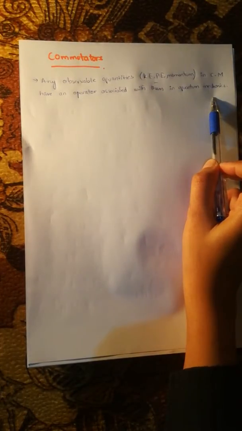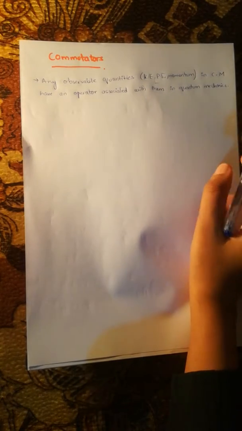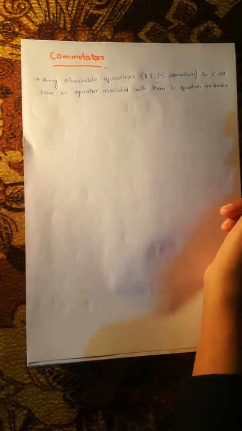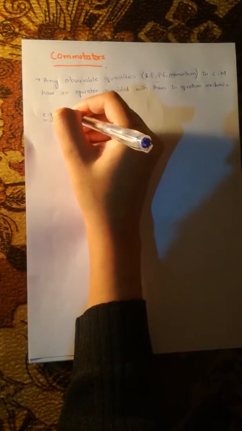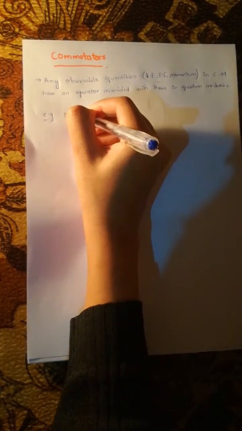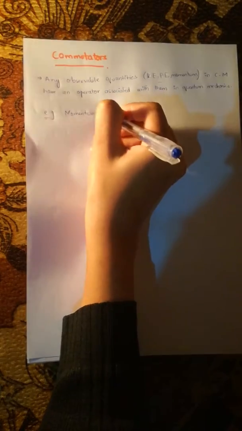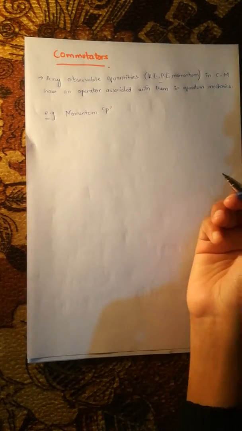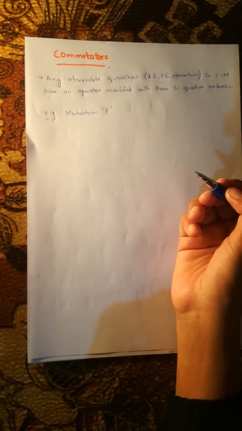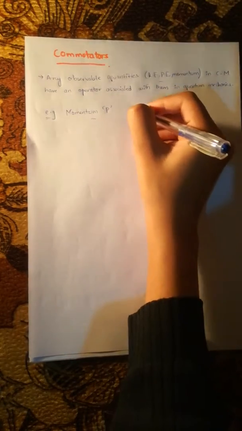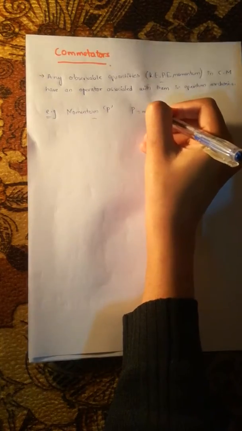So what does it mean? For example, we have momentum p in classical mechanics, which is a physically observable quantity. We know p is equal to mv.